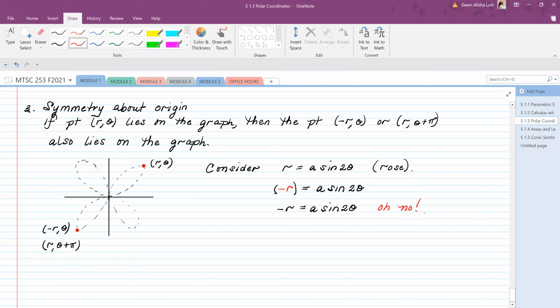But it's possible it may be called by the other point. So let's try the other point. So let's try r, and I forgot this is supposed to be theta.